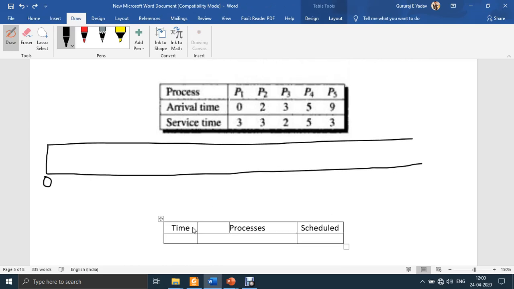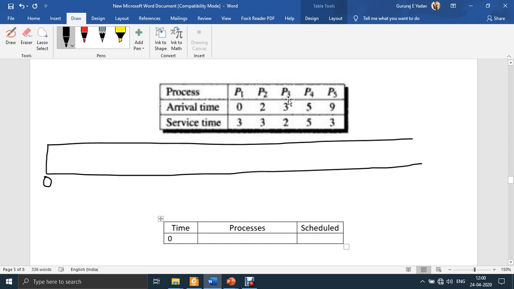So first I will consider time 0. That is where I have to start. So at time 0, what are the processes available in the system or in the ready queue? Let's say which are the processes which are ready for execution.